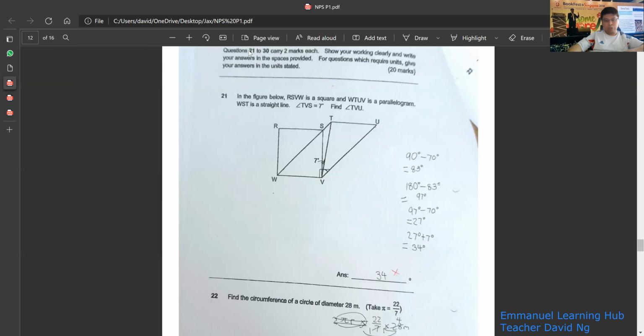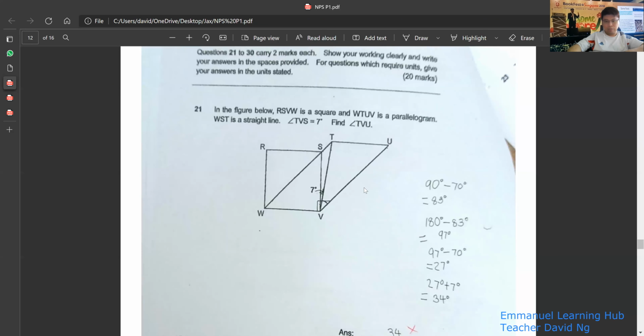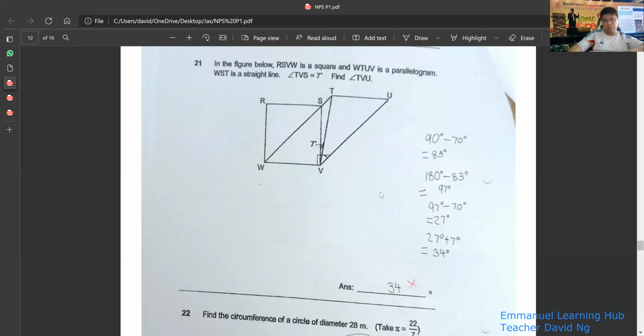You got it wrong because... 90 minus 70, where do you get 70 from? I was going to write 7. Okay, 90 minus 7, 83. Why do you use 90 minus 7?